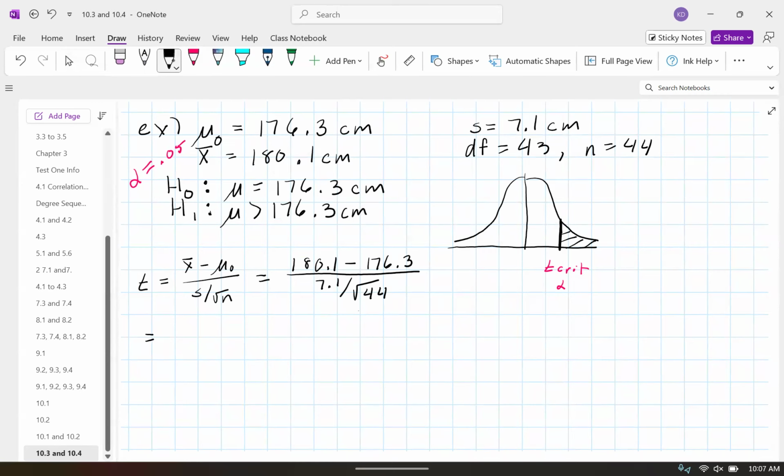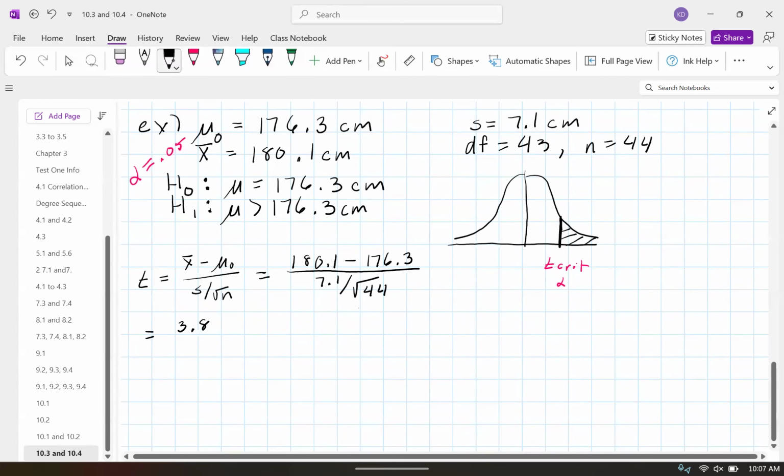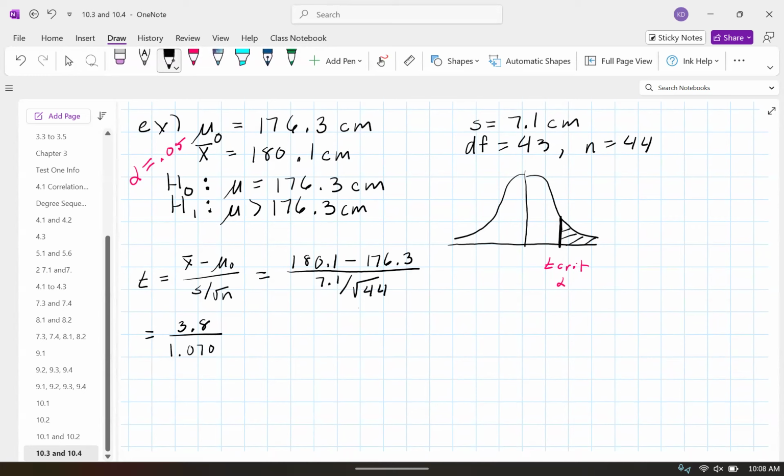Okay, do this in a couple steps. I recommend playing along, because this one's a little trickier to calculate just because of the double division. So my numerator gives me 3.8. My denominator, I'm going to say 7.1 divided by root 44.